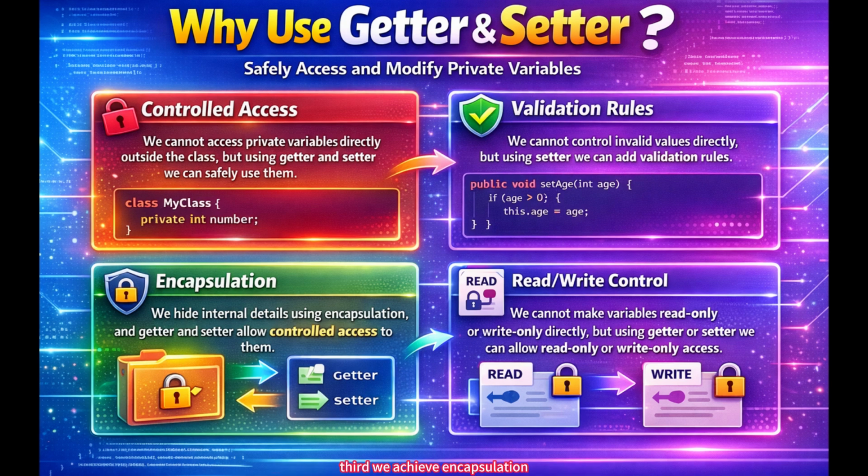Third, we achieve encapsulation. We hide internal details and only expose controlled access. Fourth, we can make variables read-only or write-only. If we provide only a getter, the variable becomes read-only. If we provide only a setter, the variable becomes write-only.